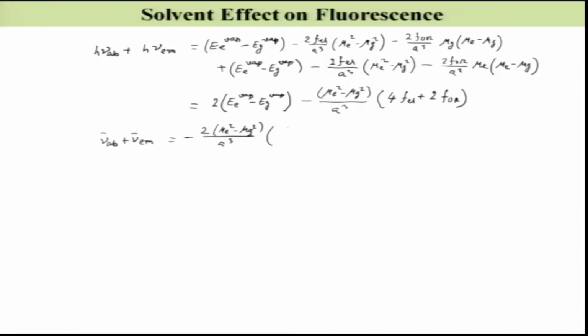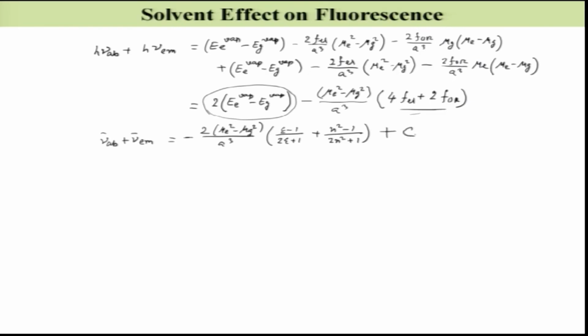So, this is going to be equal to epsilon minus 1 by twice epsilon plus 1 plus, it is not minus now because of this term, n square minus 1 by twice n square plus 1. This quantity is just a constant.